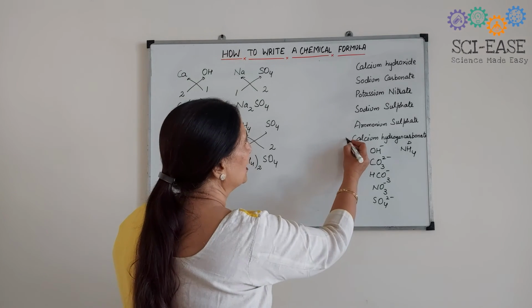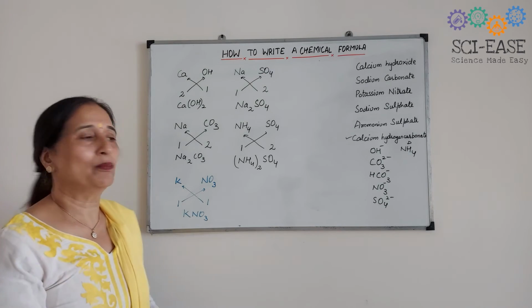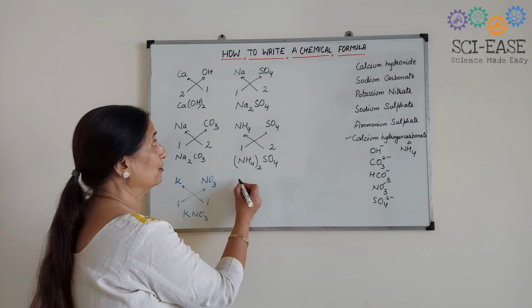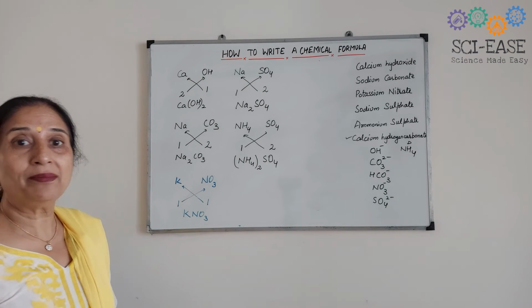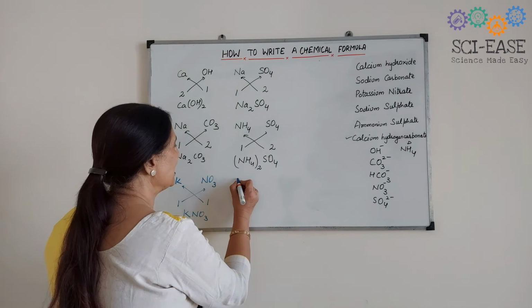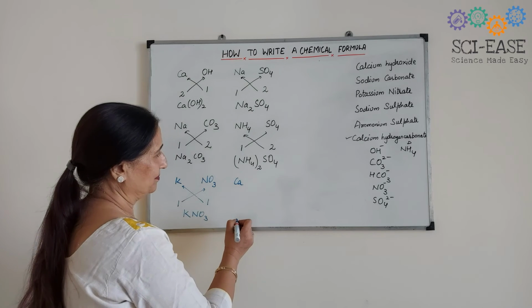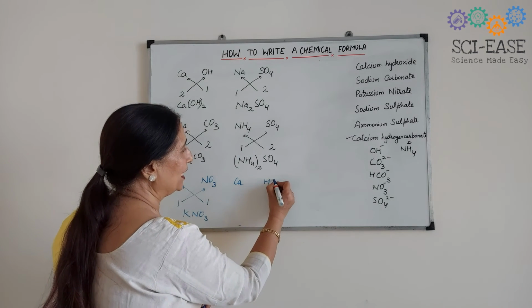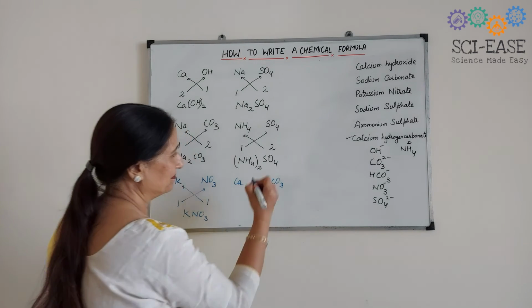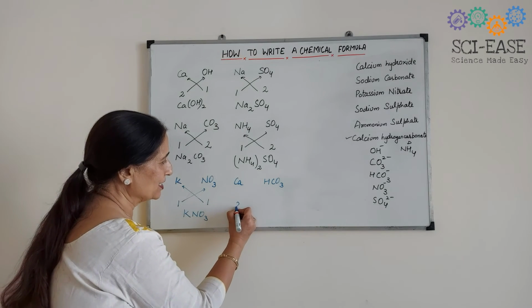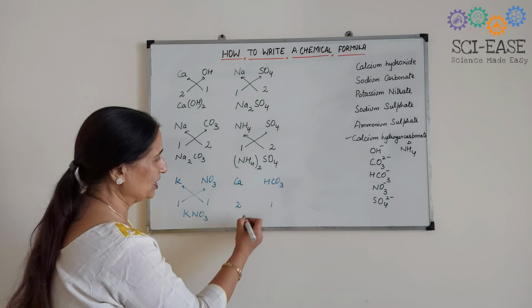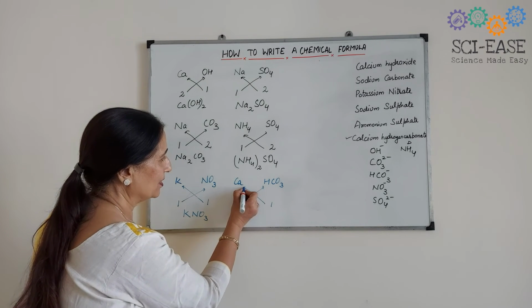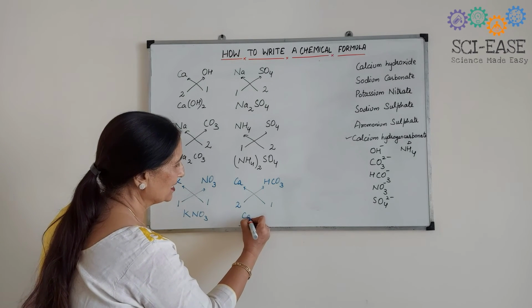So the formula of ammonium sulfate is (NH4) whole twice SO4. Now come to calcium hydrogen carbonate. What is the symbol of calcium? It is Ca. And hydrogen carbonate is HCO3. Calcium is divalent or bivalent and hydrogen carbonate has -1 charge. Cross it, what you will get?